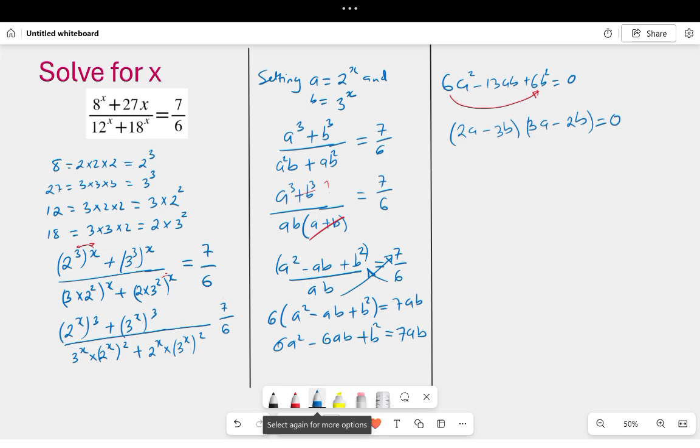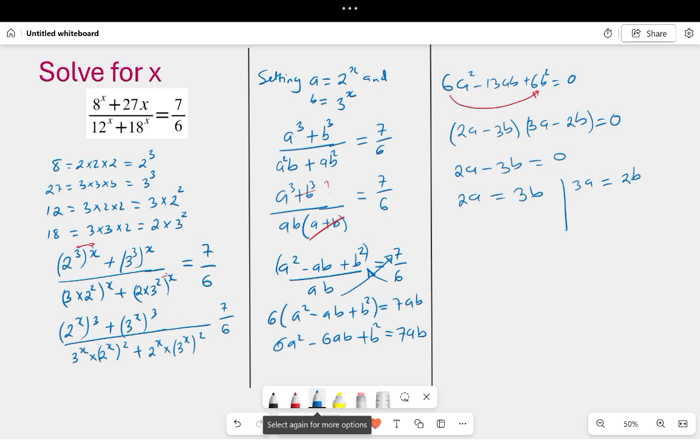Now then we need to do this analysis. We are going to say 2a minus 3b will be equal to 0, which means 2a is equal to 3b. Now, another case is when we have 3a is equal to 2b.